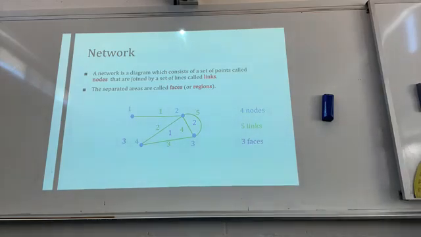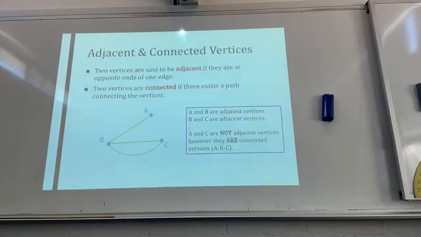Faces or regions, pretty common for both. So this is for you to be aware of, so that you're not surprised by the question. Links. All right. So edges, links, nodes, vertices.